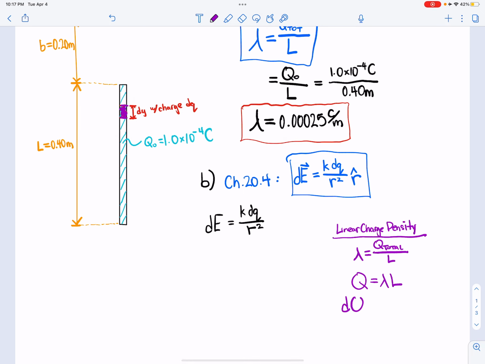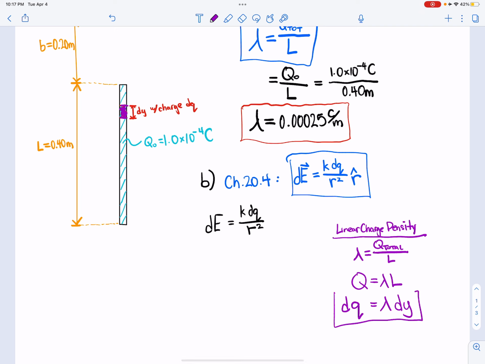So dq, the charge of this little piece of dy, is going to be equal to the charge density times the length, but not the full length of the rod, just this little tiny length dy, right? Okay. So that's going to be called dq, which means the charge dq due to this little length dy.